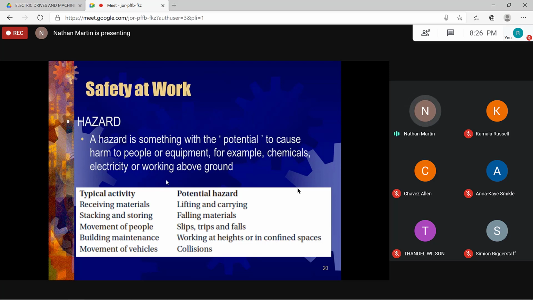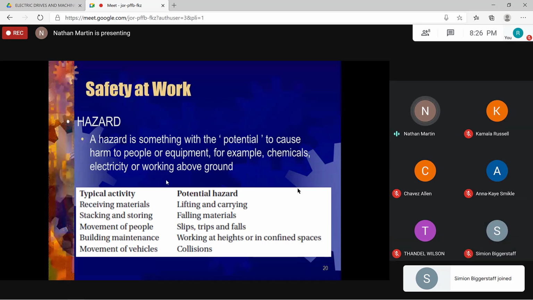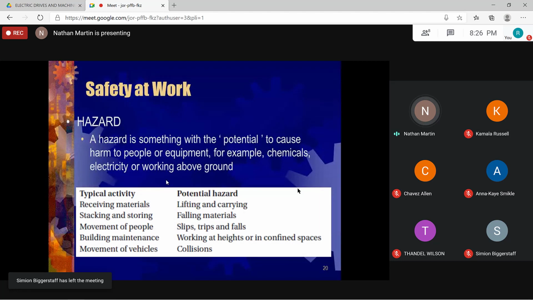I'll give you some of the typical activities that might be done in a workplace. Receiving materials, the potential hazard is lifting and carrying. Everybody should know that there's a proper lifting procedure, and we're going to look at that when we get there. We try to keep our back as straight as possible, bend at the knees and lift, so you lift with your hips and not with your back.